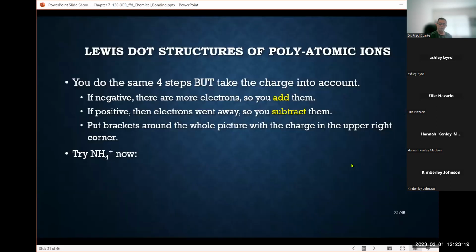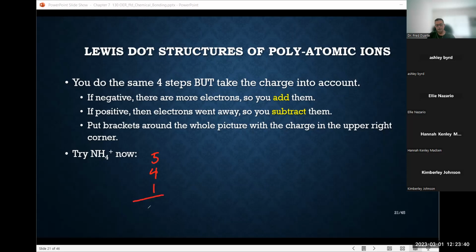Now, you might say, well, what if I mistakenly add a number? Okay, well, let's do that. So we had said nitrogen brought in 5 and then 4 for the hydrogens, right? Now, instead of subtracting 1, let's say we added 1.